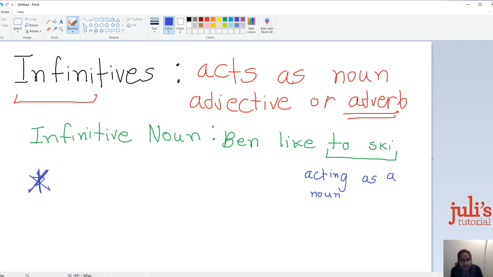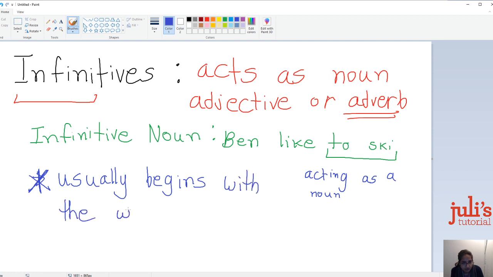Besides acting as a noun, adjective, or adverb, it usually begins with the word to. Ben likes to ski.